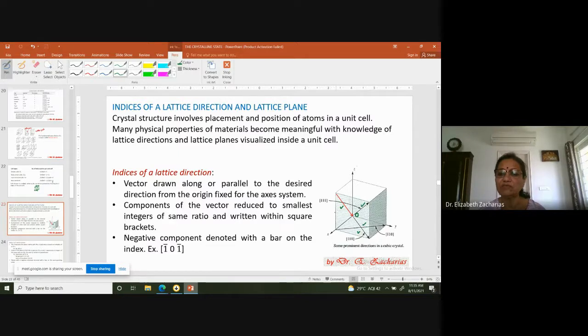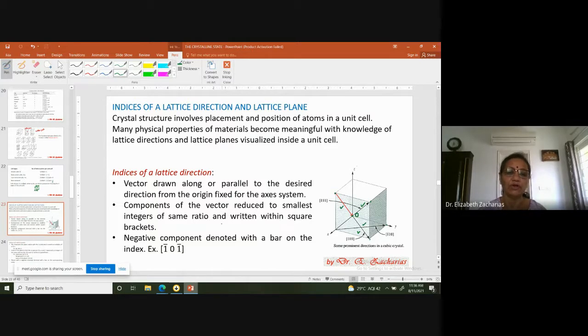We are giving some indexing for each of these. For example, from this corner of the cell to this corner of the cell, how do you index the direction? Similarly, from this corner on this face, from here to here, how do you index? Then from this point to this, from this point to this. I've given you four arrows and you have to know how to give the lattice direction.